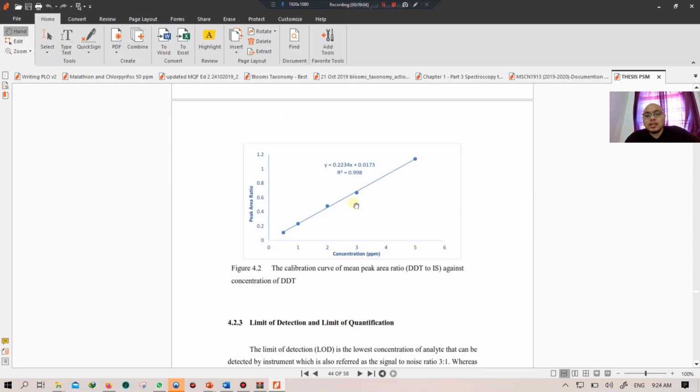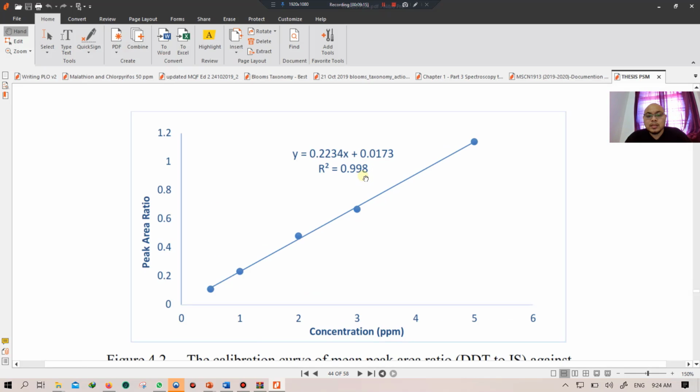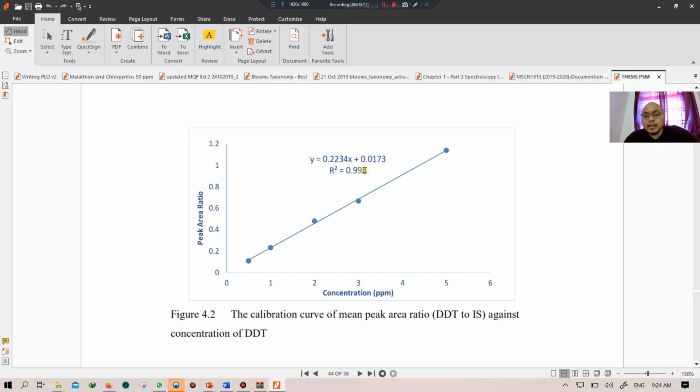Let's look at her calibration curve. The points she used are 5 points. The R square is 0.998. The R square value is 0.998, which is more than 0.995. So the calibration curve is accepted. Then here is the y equals mx plus c.